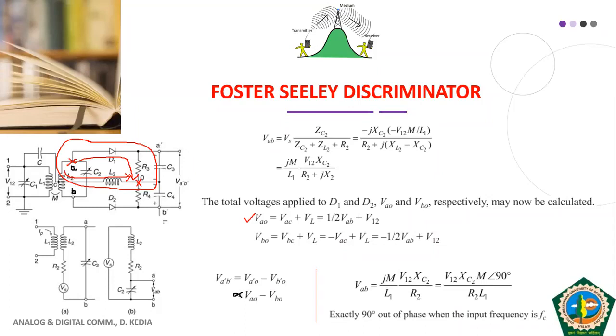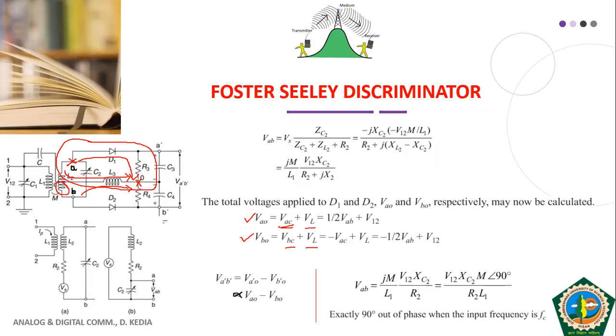From here you can see that VAO is equal to VAC, the half secondary, plus VL, the voltage across this inductor. Similarly, VBO is the sum of the voltage across this half secondary, that is VBC, plus VL, since this inductor is common.